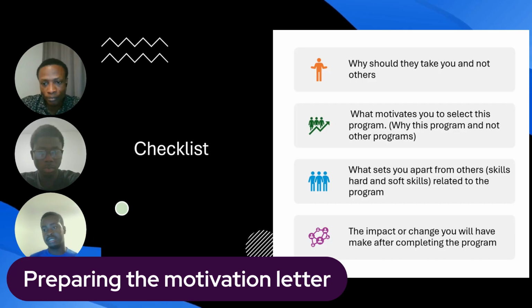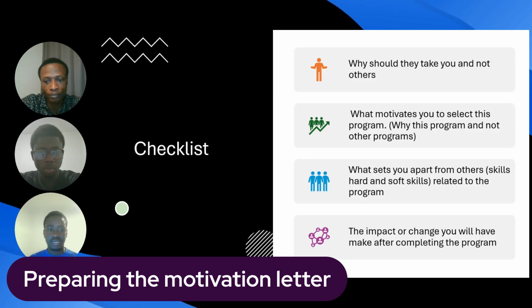And when it comes to this part of the motivation letter, as much as possible, try not to be selfish. Try to make it that you're learning this skill to make an impact on others, or you're getting this master's to make a change or to solve problems.